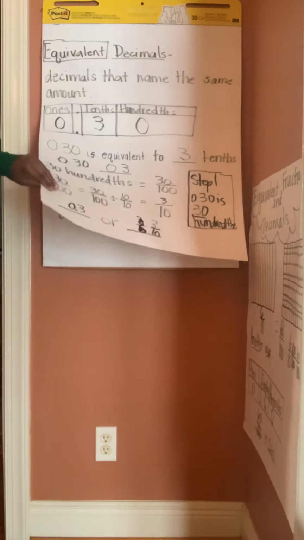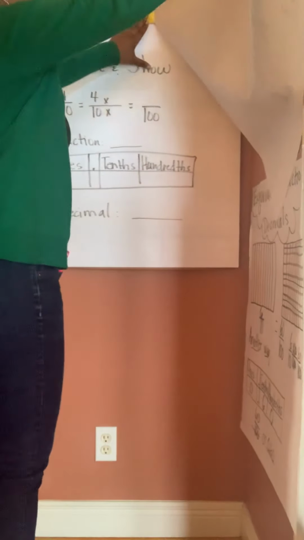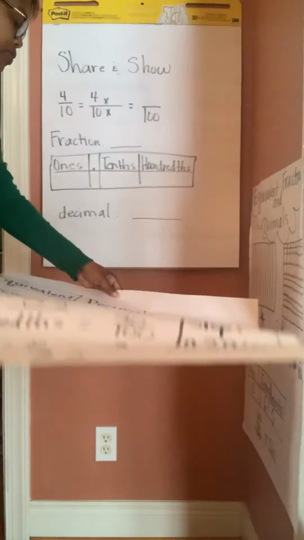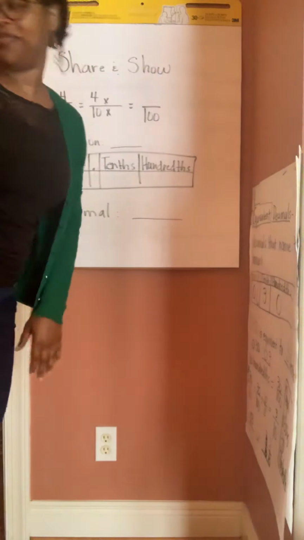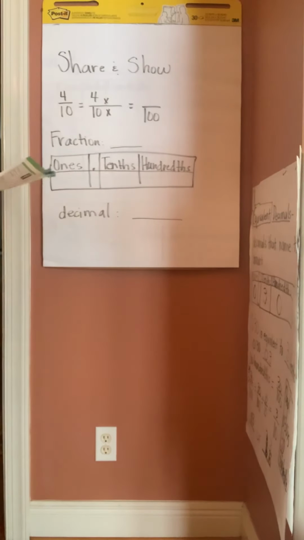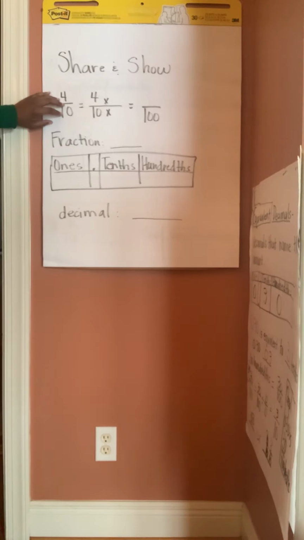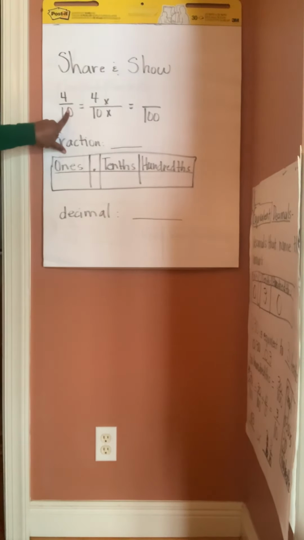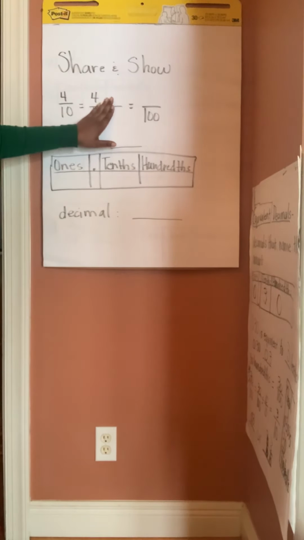Now let's look at share and show, the bottom of page 352. Share and show. We're going to write 4/10 as hundredths. 4/10 as an equivalent fraction. 4/10, in order to change a fraction that has tenths at the bottom, in order to get this 100, we're going to have to multiply it by 10 over 10.